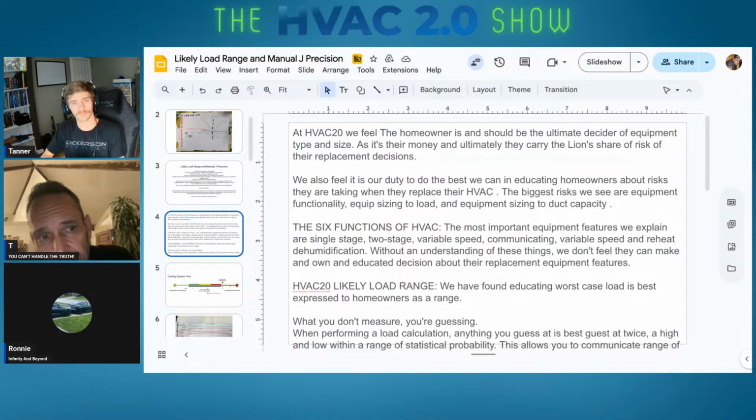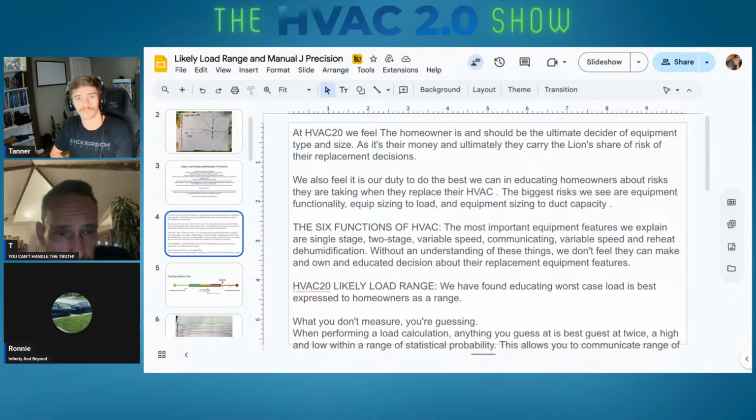I put this together to explain a little bit about what HVAC 2.0 is and the steps involved, because we really put a lot of thought into putting these steps in a logical order so that the homeowner can be well enough educated that they're qualified to make these decisions.